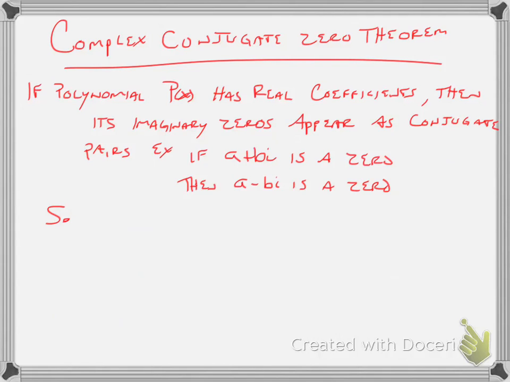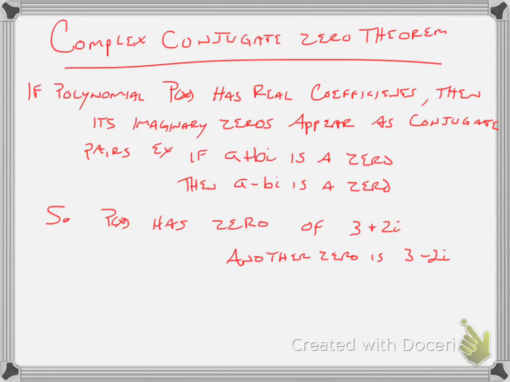So if you have a polynomial p of x has a zero of 3 plus 2i, then you know another zero is 3 minus 2i.